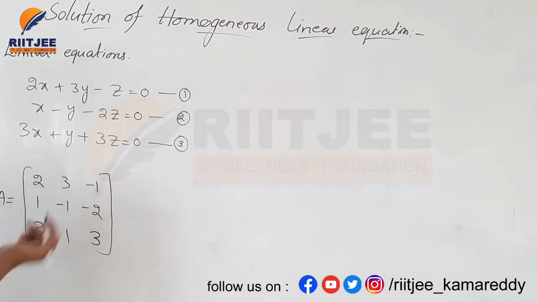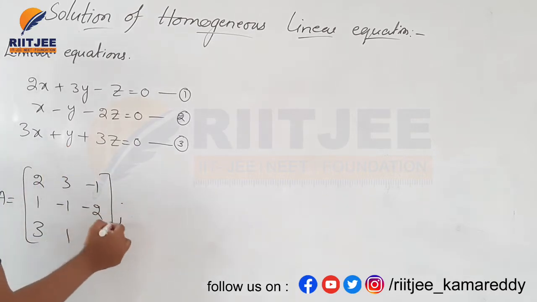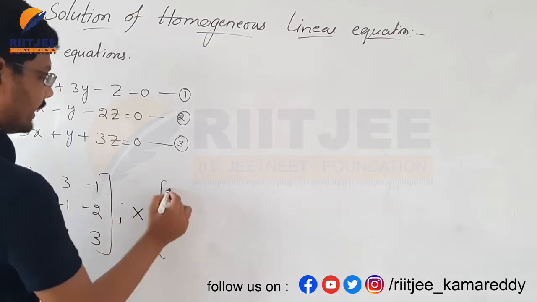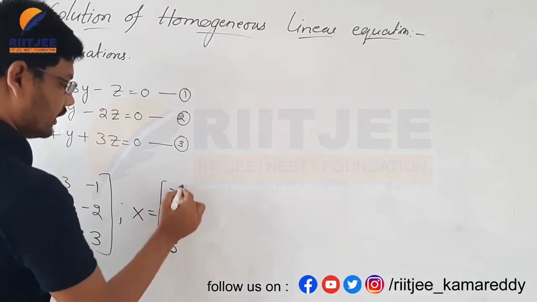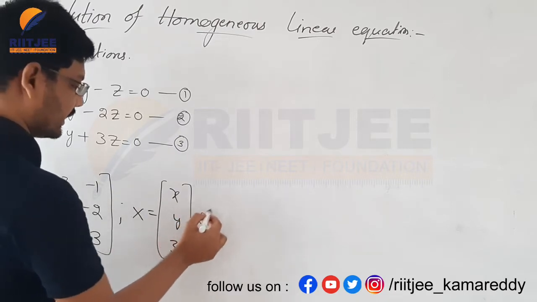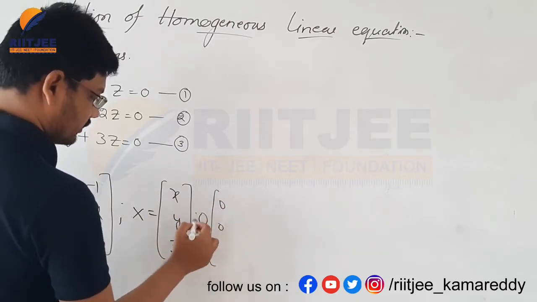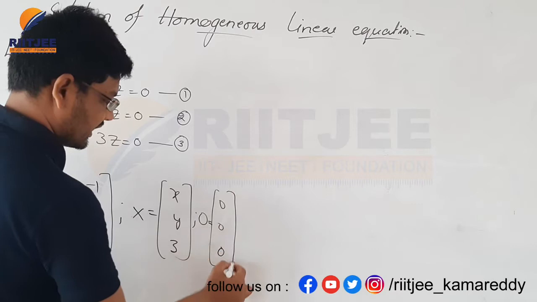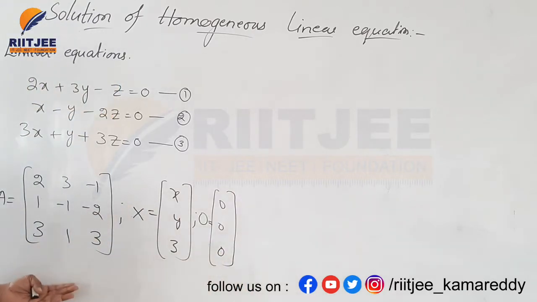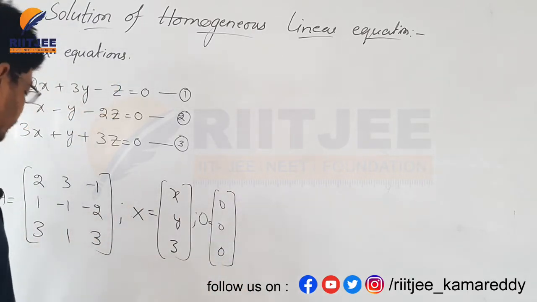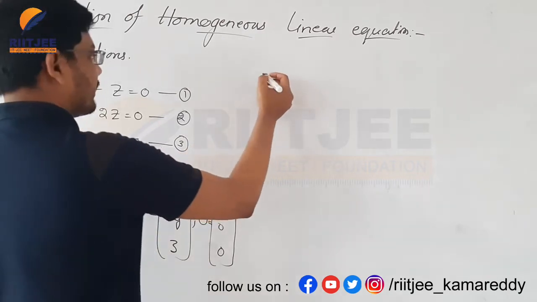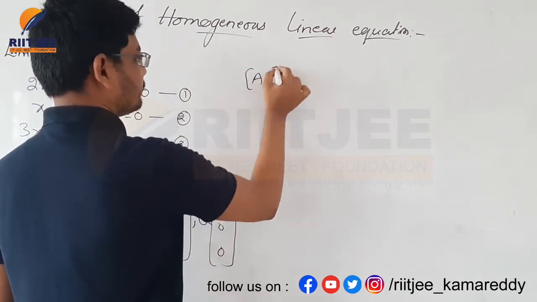This is the coefficient matrix, and x, y, z is a variable matrix, and O is nothing but a null matrix. From this we need to frame an augmented matrix AO.